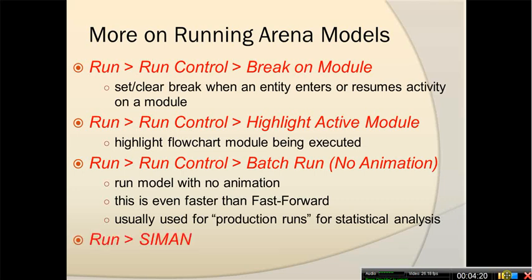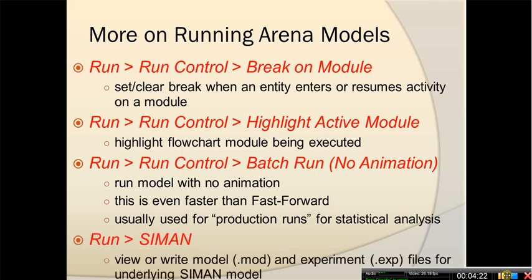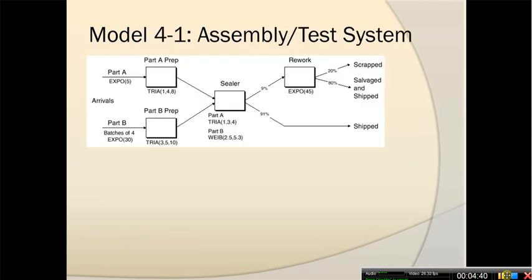We can also do Run, SIMAN, and that allows us to view or write the model, which is a file with extension .mod, and also the experiment, which is a file with extension .exp, for the underlying SIMAN model.